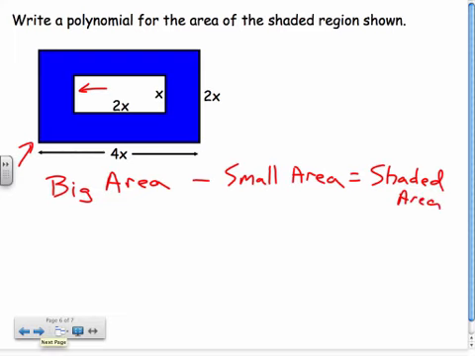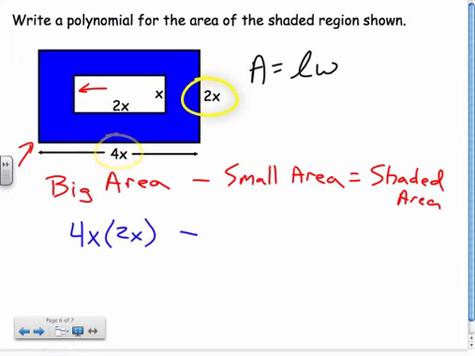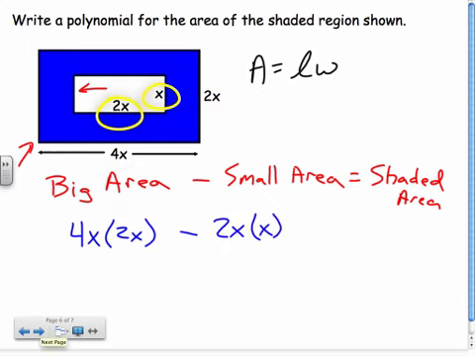And how do we find the area of a rectangle? Well, length times width, correct? So that's what we're going to do. So my big rectangle, looks like I got 4x times 2x minus the small area, 2x times x equals the shaded area. Well, let's simplify here. 4x times 2x gives me an 8x squared minus 2x times x is 2x squared.